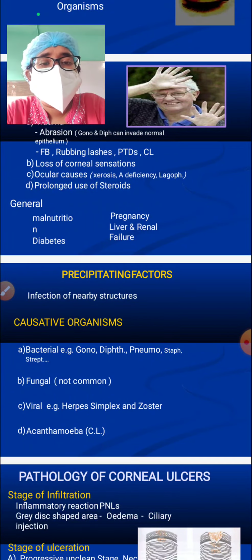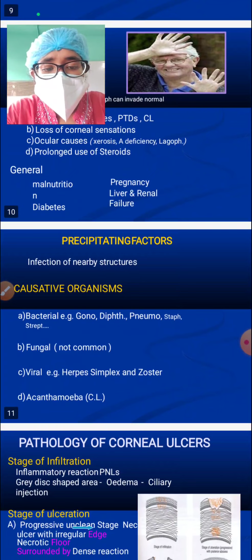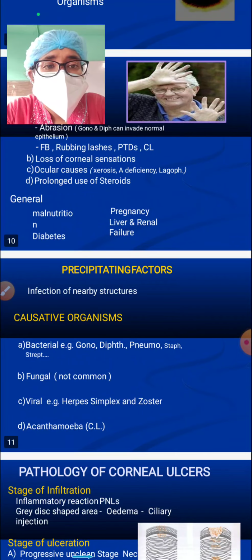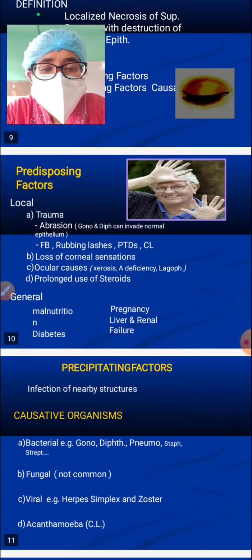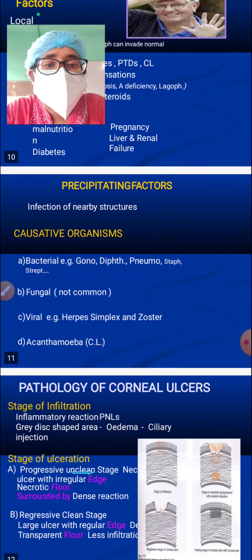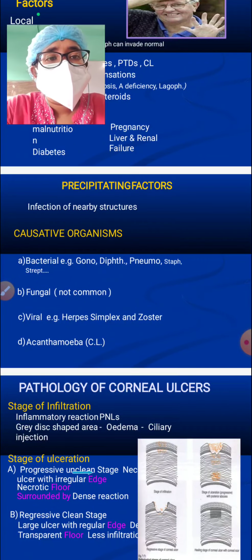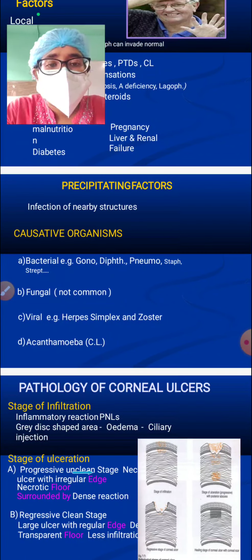Now let me come individually to these ulcers. Okay. Now this superficial keratitis may be caused by either bacterial, fungal, viral, or acanthamoeba. So these corneal ulcers may be caused by any of the bacterial, fungal, viral, or acanthamoeba.